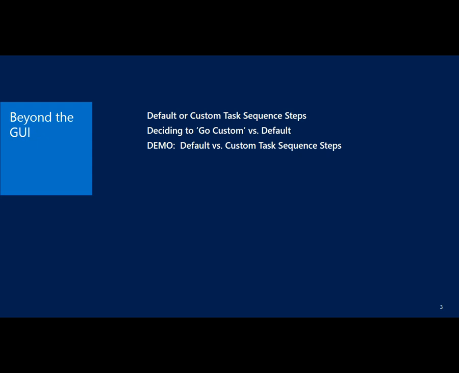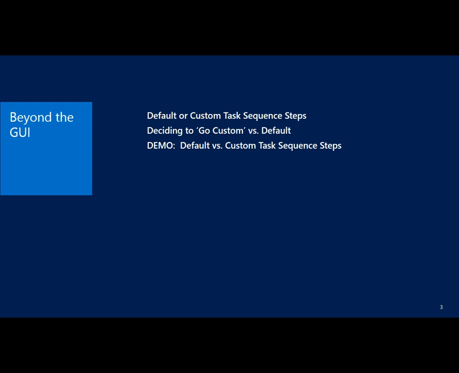Certainly OSD is very powerful, and provides you the building blocks you need to do very sophisticated imaging, but sometimes you can get into scenarios that we don't exactly address with our inbuilt task sequence steps, or maybe it's more efficient for a given scenario to build your own. So don't do that as a first blush, for sure, because you do want to have a good amount of experience with task sequencing before you possibly go down that route. But it is a valid question to ask at some point. So do we go custom or do we use default?